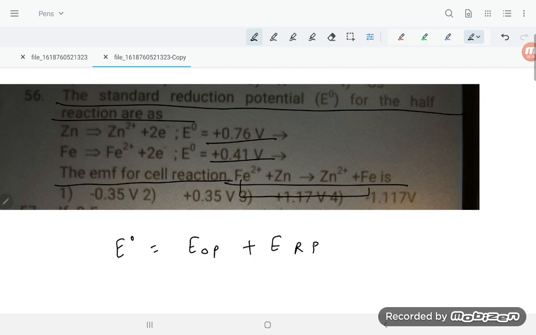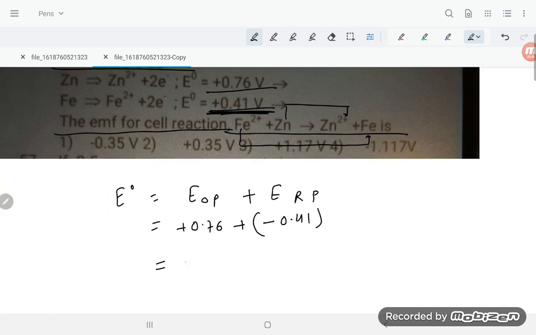Fe is going to be reduced and zinc is going to be oxidized. So for the zinc, plus 0.76, plus here it will become reduction potential because Fe is getting reduced. So the reduction potential we have to put in the negative term, 0.41 volt.